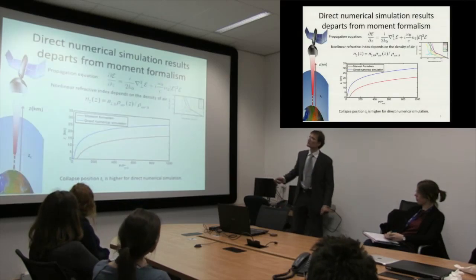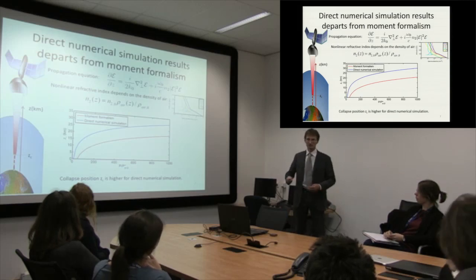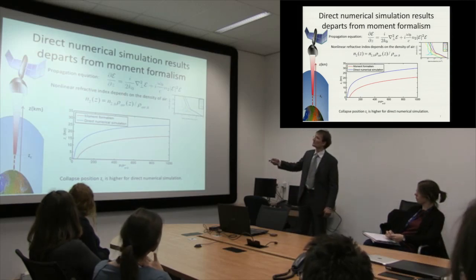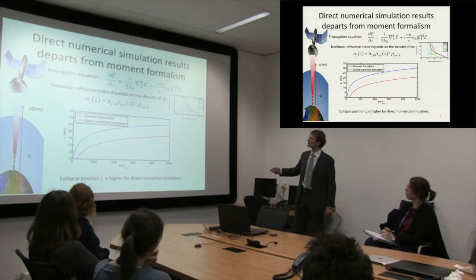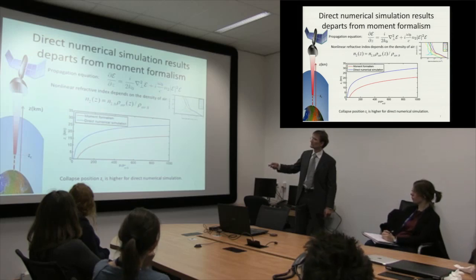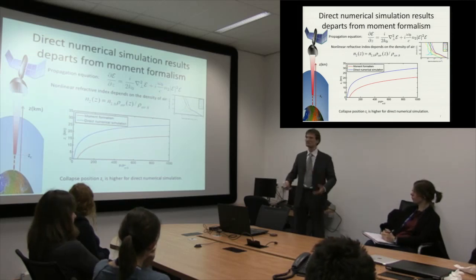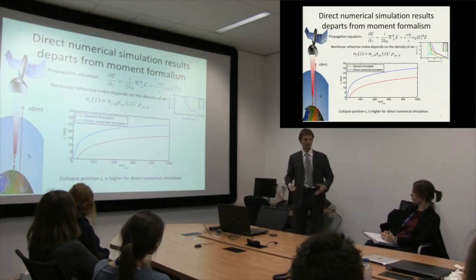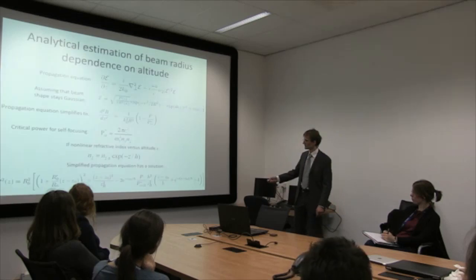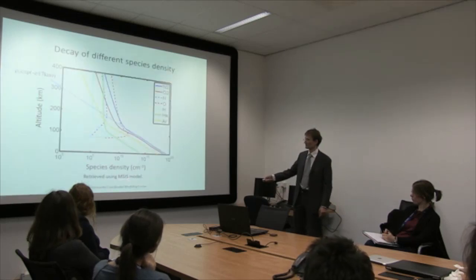Okay. So the next step was here's the same propagation equation, and here's the nonlinear refractive index, which can have not exponential decay, but maybe taken from the numerical simulations of the atmosphere, or what was called MSIS model.